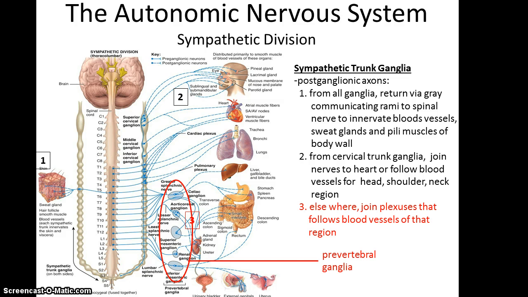And it turns out that these are the prevertebral ganglia. So to get to these various organs in the abdominopelvic area, you're going to have splanchnic nerves that are then going to have a synapse occurring in a prevertebral ganglion that will then go on to the small intestine, kidney, or whatever.